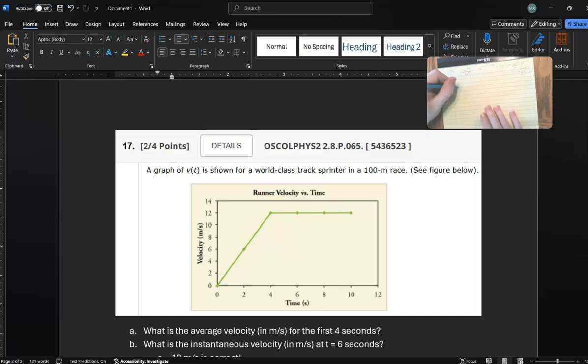Again, as mentioned before, the average velocity is going to be your final velocity plus your initial velocity divided by 2. So for the first 4 seconds, your final velocity is 12 and your initial velocity is 0. So you have 12 plus 0 over 2, which is going to be 6 meters per second.